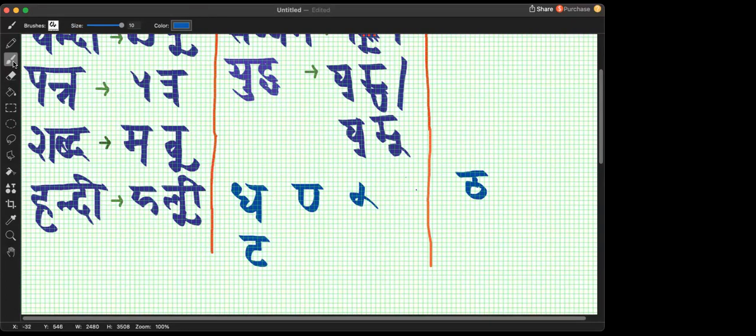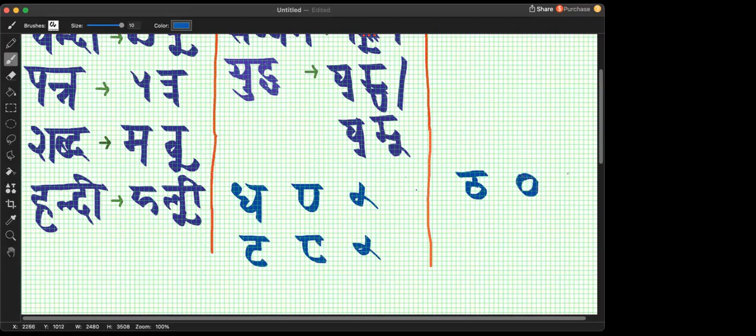And similarly, t is written as a full alphabet at the bottom, or it can also be written like this, same. And for th, this is the Devanagari th.